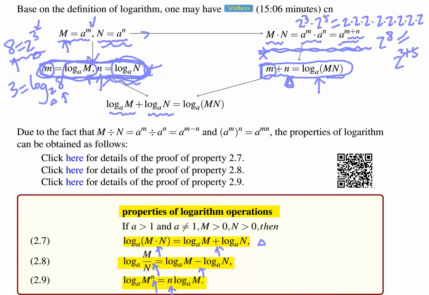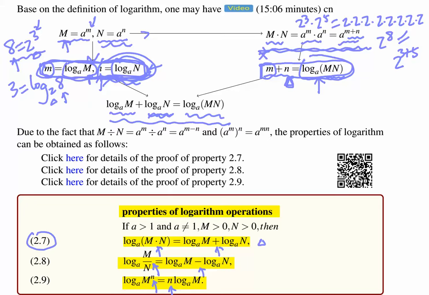Look at here and here, we shall get that. On the right hand side, we did not make any change. See that? This one. That's the proof for the first property, 2.7.